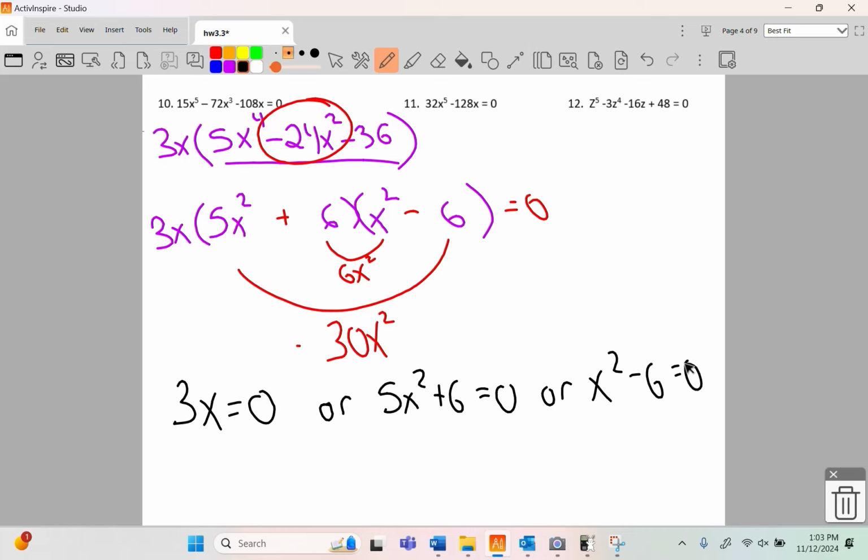Alex, 3 times what number will give you a 0? 0. Right. X has to be 0. How many steps is there to solve that one? It's 3. It's the first step. Then 6. What's the next step?